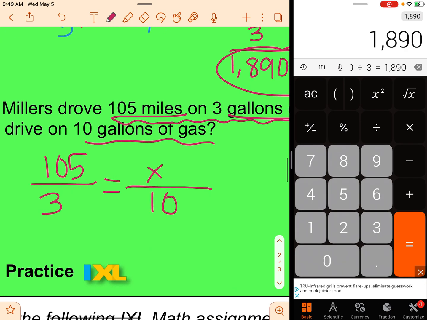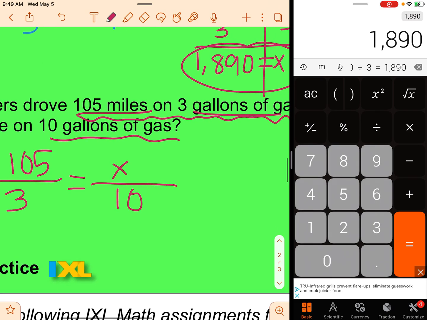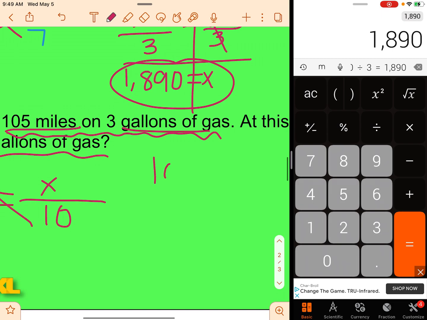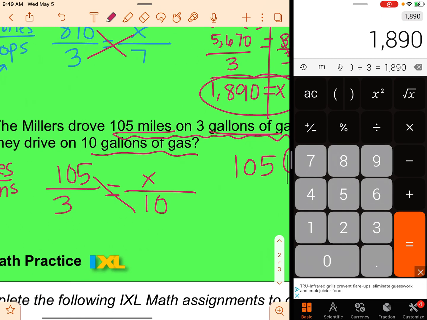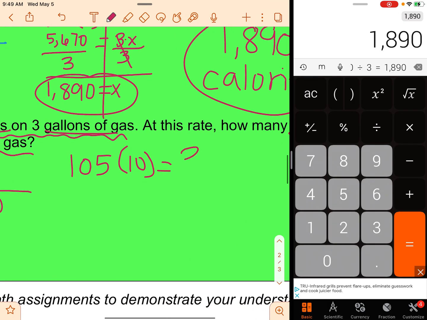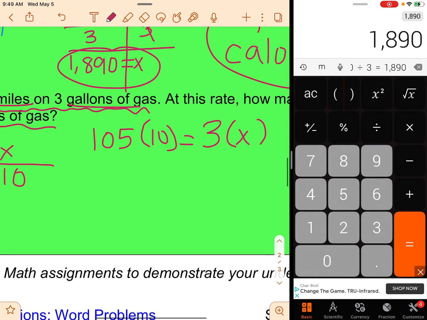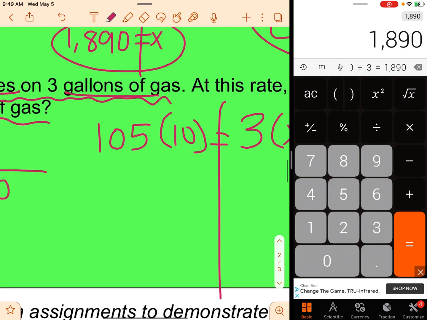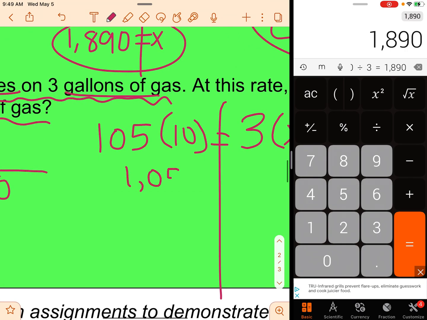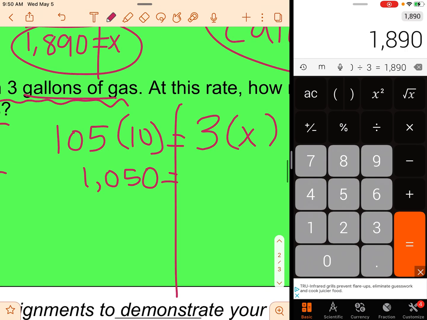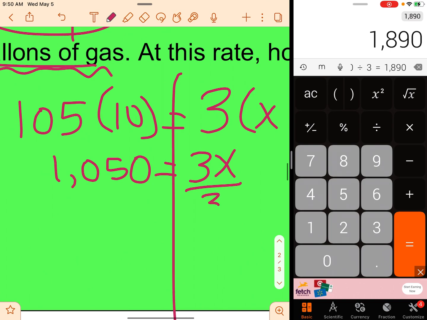Now we know how to solve this. We use cross products, so we multiply across. 105 times 10 is equal to 3 times X. Draw your line. 105 times 10 is 1,050, and that's equal to 3X. Now we divide both sides by 3.